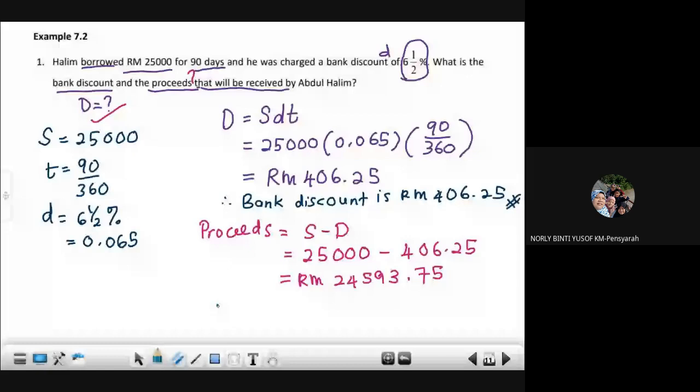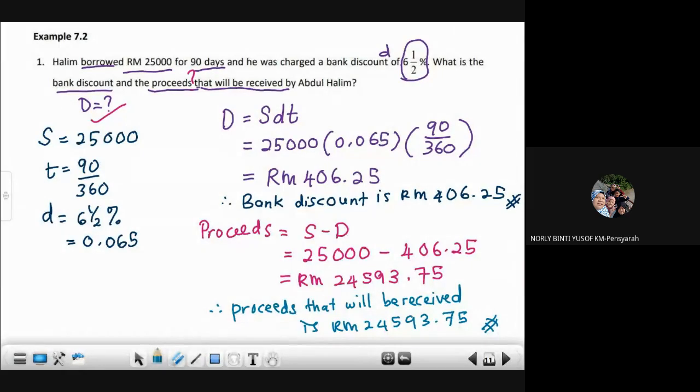Then you cakap proceed that will be received is 24593.75 sen. Okay. So that is for example 1.